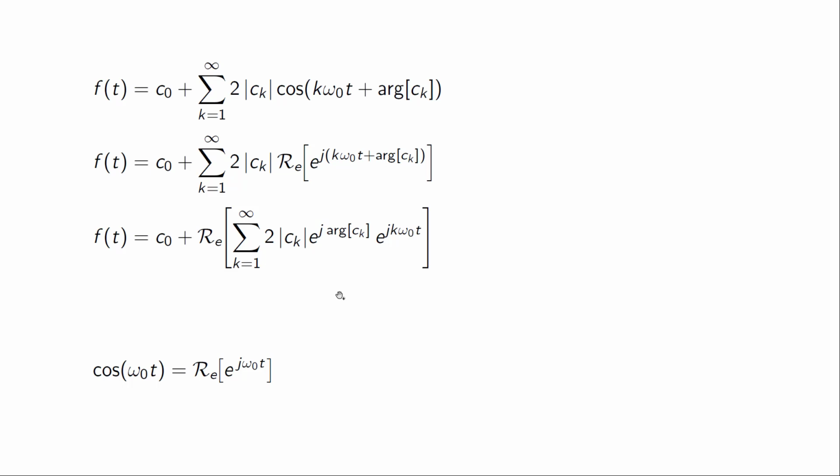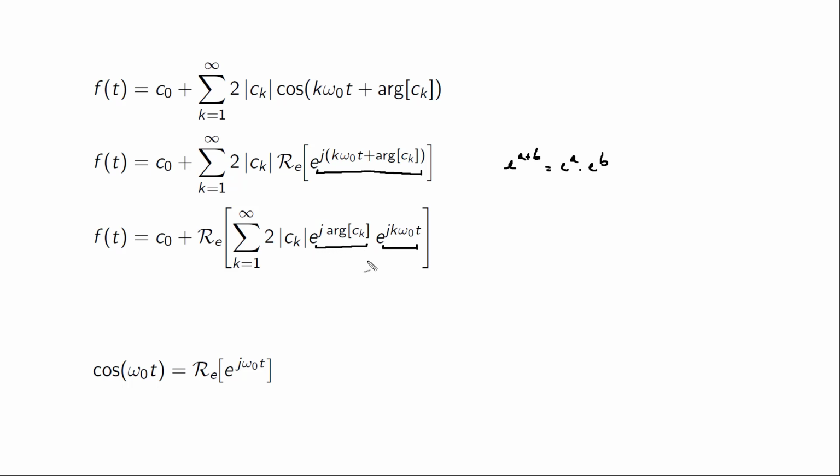And also, by the way, what we have used is the property of the exponential, that the exponential of a plus b is the exponential of a times the exponential of b. So this is how we go from this expression here to this expression times this expression.